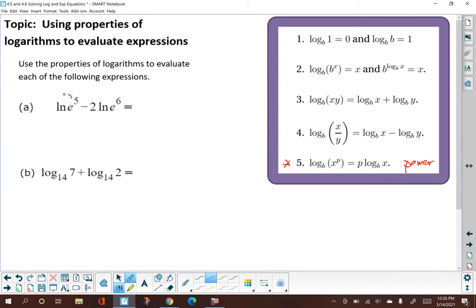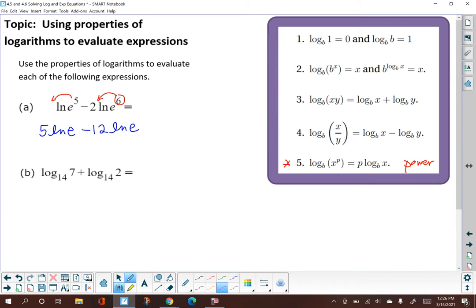So if I bring this power of 5 down and I bring this power of 6 down, that is going to give me 5 times the natural log of e minus, now if I bring this 6 down, there's already a coefficient of 2. Those would multiply together. That's 2 times 6. So that's going to be 12 natural log of e.